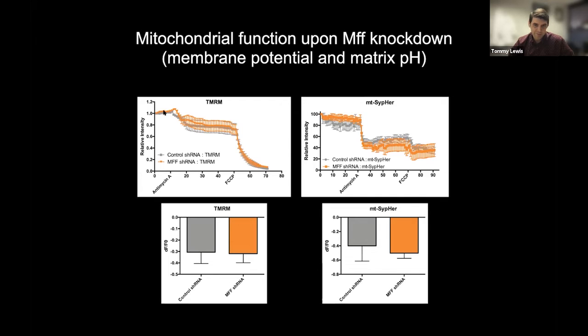Basically they have similar baseline and similar change in fluorescent intensity for both probes when we treat them, meaning that they seem to be responding pretty similarly to the same challenge. So what is going on?